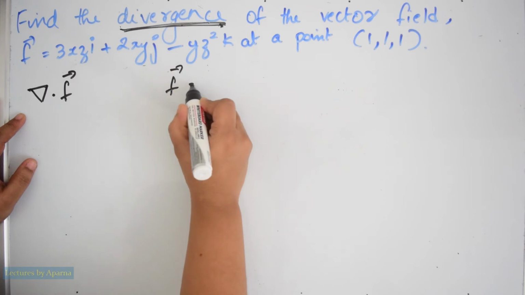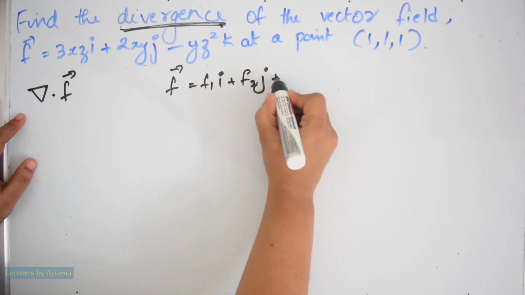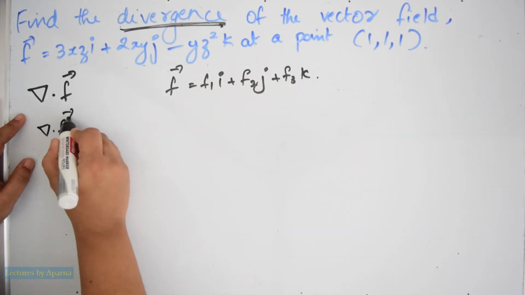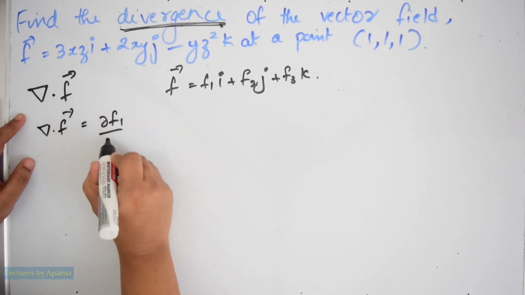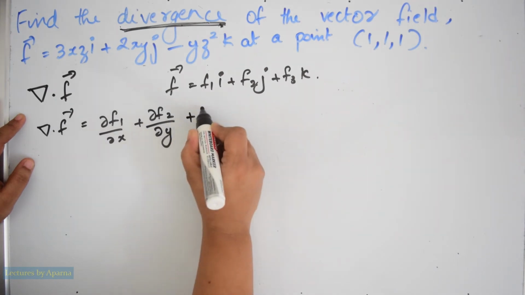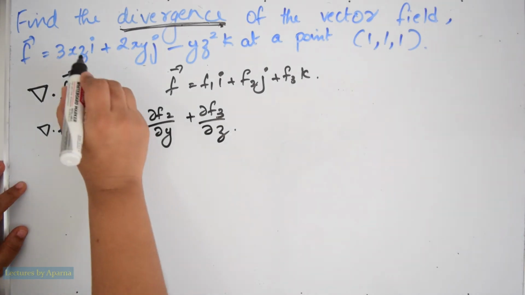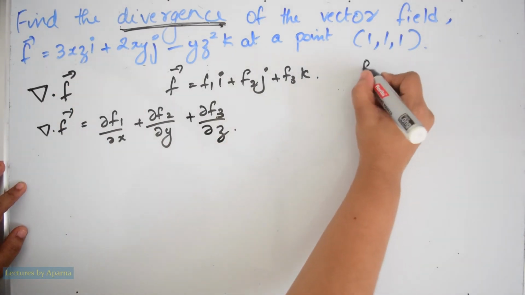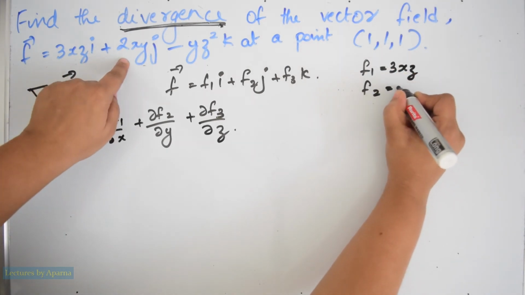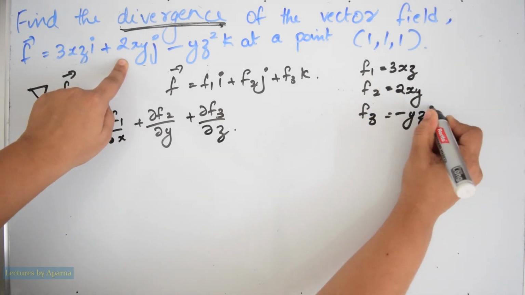If the vector field is f1 i plus f2 j plus f3 k, then del dot f will be equal to dou f1 by dou x plus dou f2 by dou y plus dou f3 by dou z. So here in this equation f1 is equal to 3xz, f2 is equal to 2xy and f3 is equal to minus yz square.